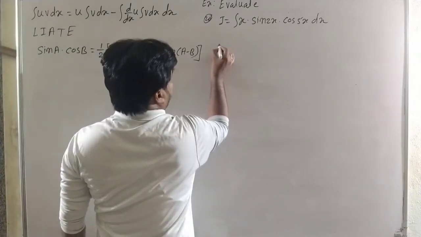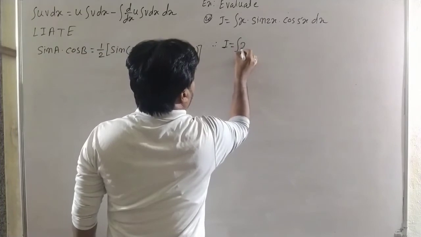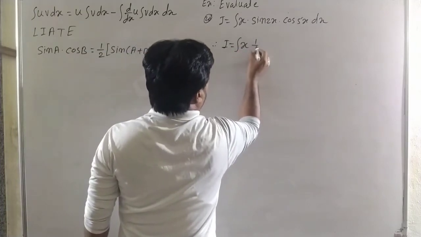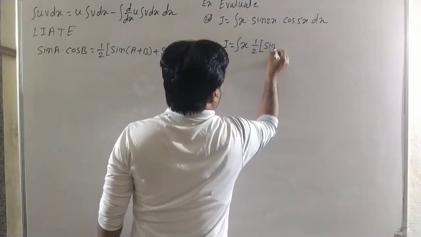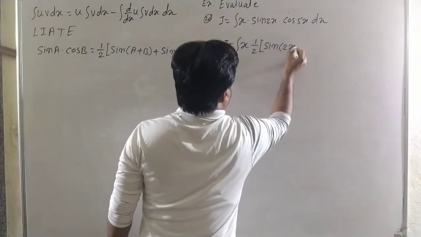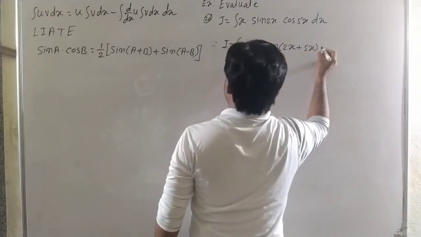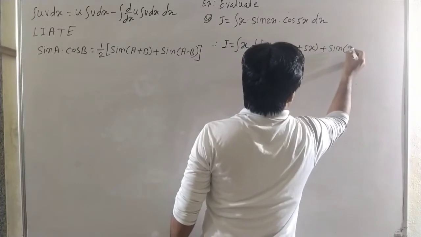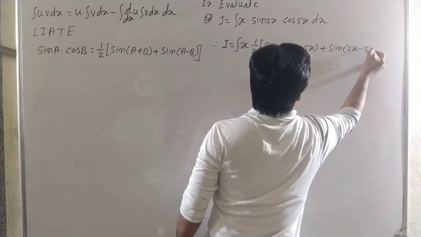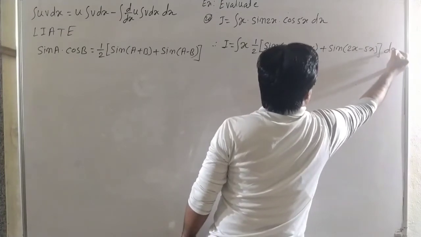See carefully. Therefore we can write the integral of x into 1 by 2, see carefully, sin 2x plus 5x plus sin 2x minus 5x dx.